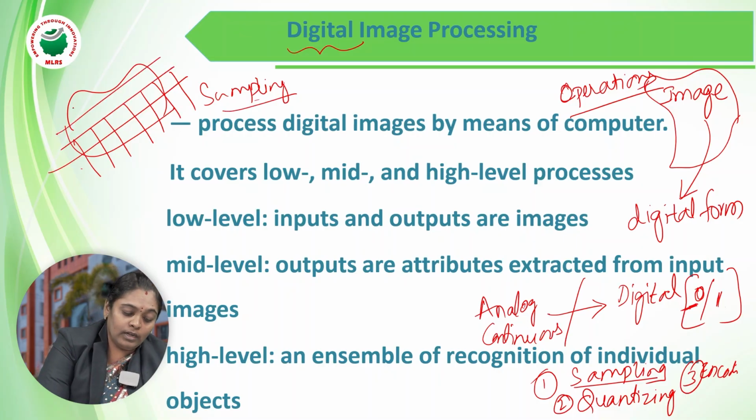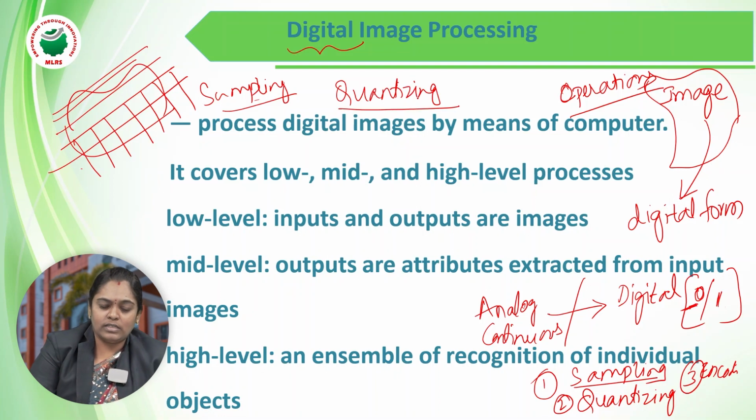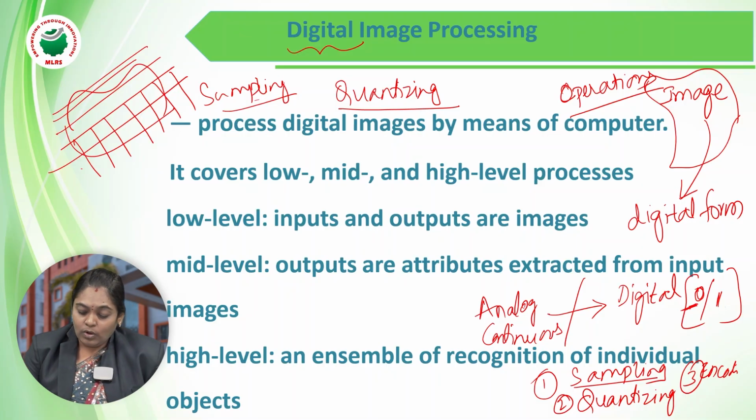If you are dividing even the y-axis, the amplitude values, then it is called quantizing. Discretizing in the amplitude values is called quantizing, and discretizing in the time period is called sampling. If your analog image has undergone sampling as well as quantizing, then that image is in the form of a digital image.